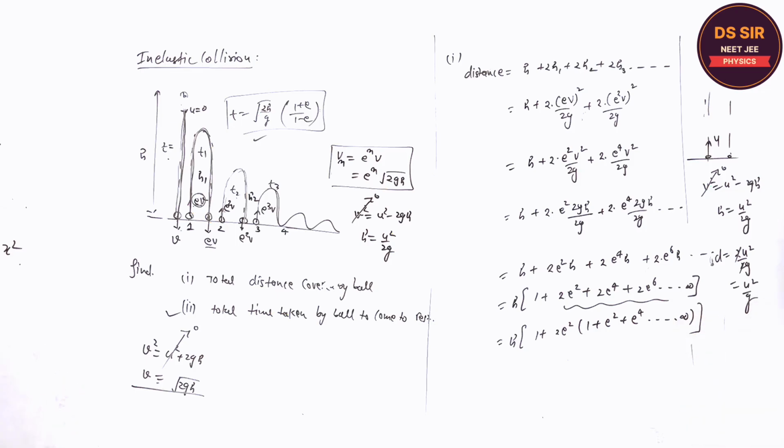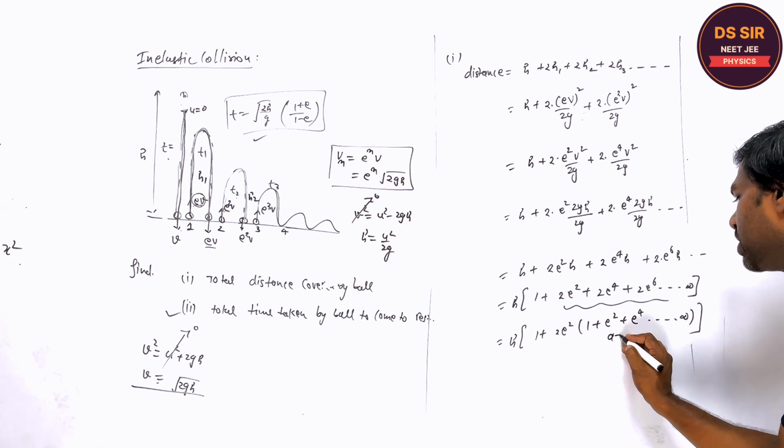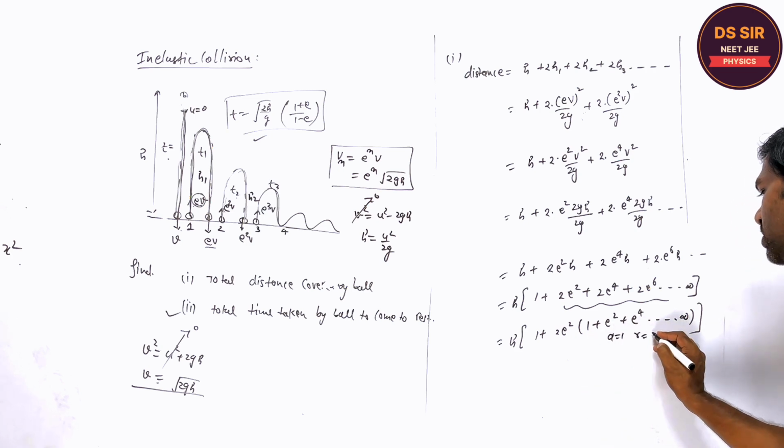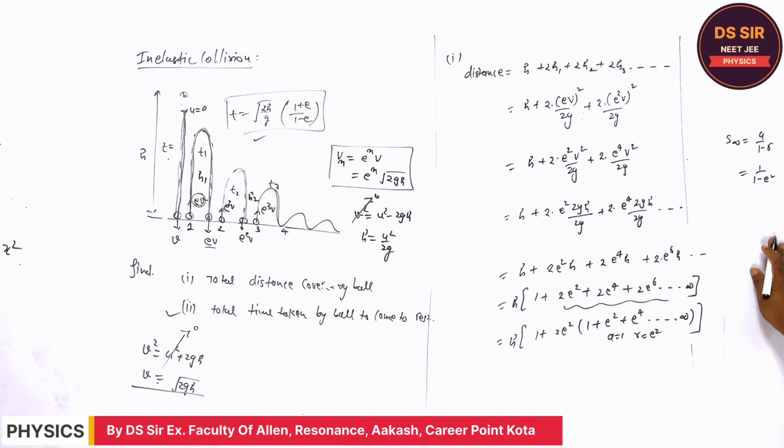Again, this is the GP, right? This is an infinite GP, and A is equal to 1, R is equal to e square. What is the sum of infinite GP? A upon 1 minus R, that is 1 minus e square.